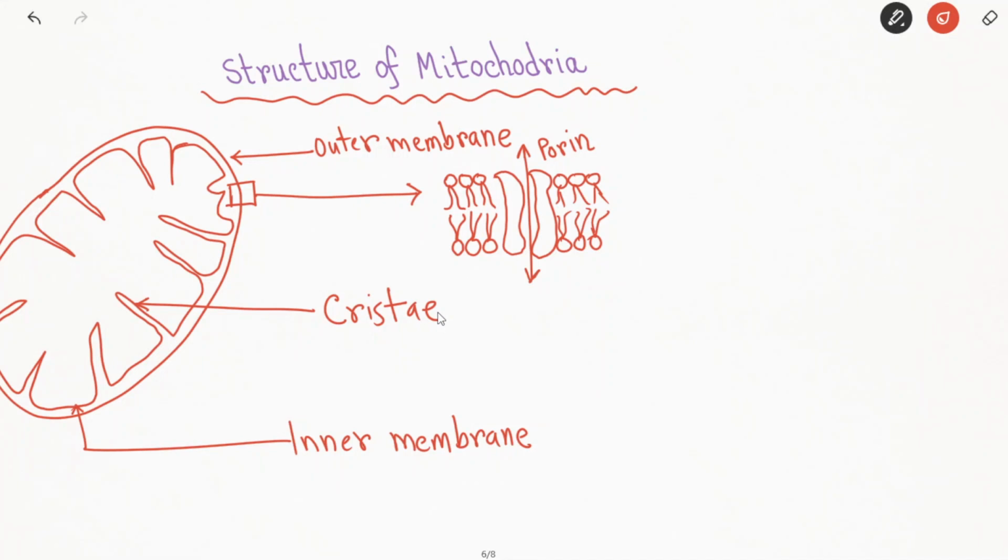You can ask why this inner membrane is folded. The reason is very simple: to increase the surface area. If the inner membrane is folded inside, it increases the surface area of the membrane. Why is that required? If the surface area increases, it can accommodate more proteins.